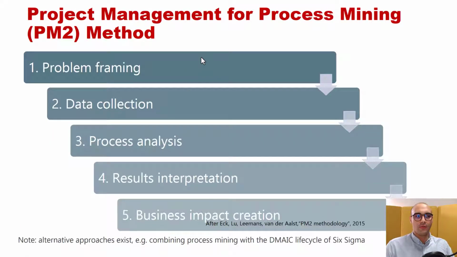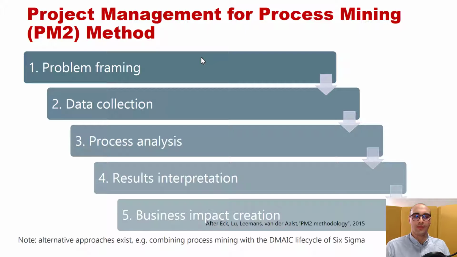There is a standard of project management for process mining, which formulates projects into 5 main steps. The first one is problem framing, where you formulate the problem into questions and hypotheses that you need to validate.